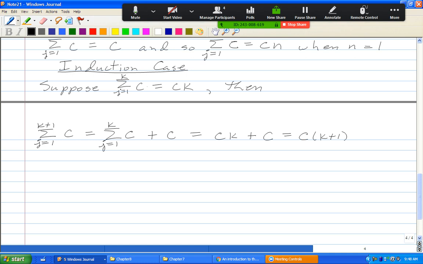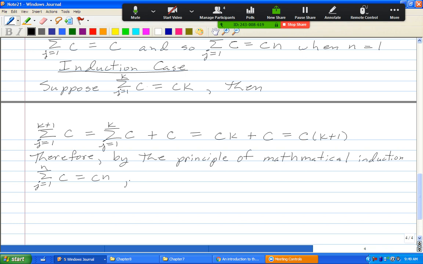So I've shown that the induction case works, so therefore, by the principle of mathematical induction, the sum j equaling 1 to n of c is equal to cn for all n, with c some real number.